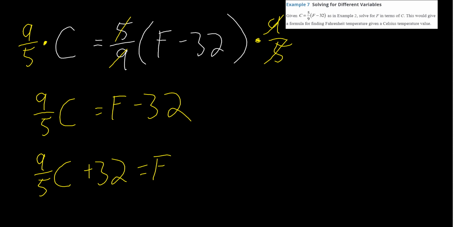And that's it, we just solve for Fahrenheit. Of course, we like to have things on the left side, so let's put f equal to 9/5 c plus 32. There's actually another formula where you add 40, multiply by 1.8, and then subtract 40. I think it's an easier formula, but we're just going to stick with this for now.